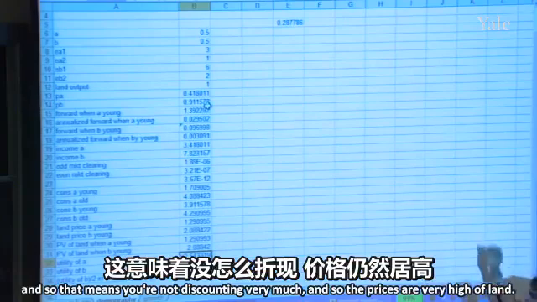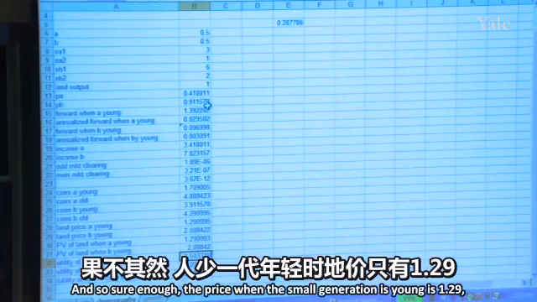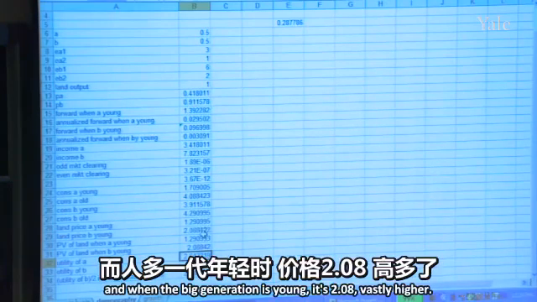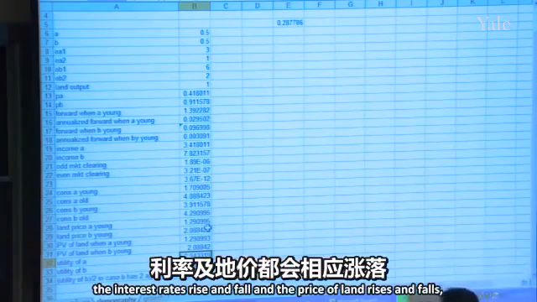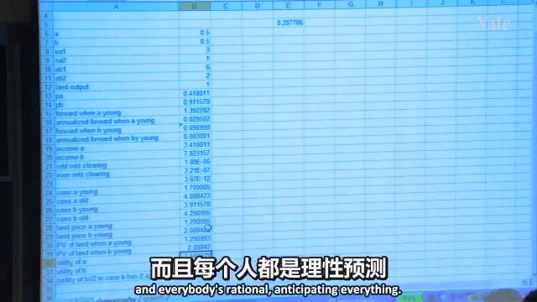And so the prices are high of land. And so sure enough, the price when the small generation is young is 1.29, and when the big generation is young, it's 2.08, vastly higher. So it really is the case that as the generations rise and fall, the interest rates rise and fall, and the price of land rises and falls. And everybody's rational and anticipating everything.